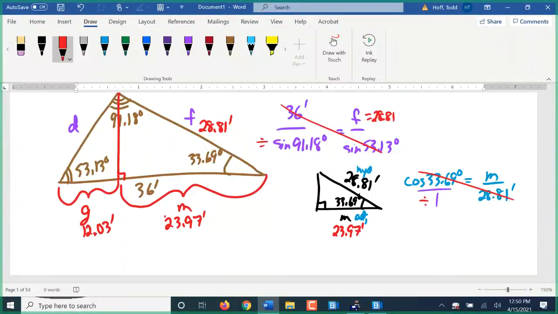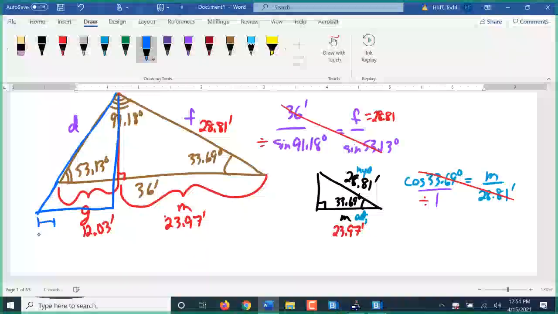We have our spans. Why did we need those spans? Well, because now we are going to bring back in the overhangs. This overhang was 2 feet, which means if I draw in the triangle there, including that overhang, this distance is 12.03 plus 2, or 14.03 feet.